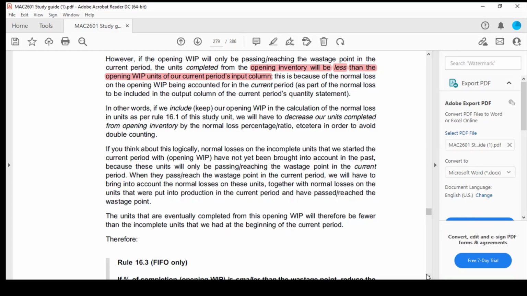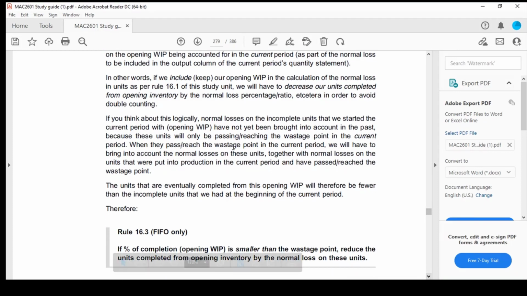In other words, remember rule number one was that if the opening WIP was before the wastage point, we keep it so that it becomes subject to the loss. So if we do keep it, we will have to decrease these units by the normal loss percentage in order to avoid double accounting.